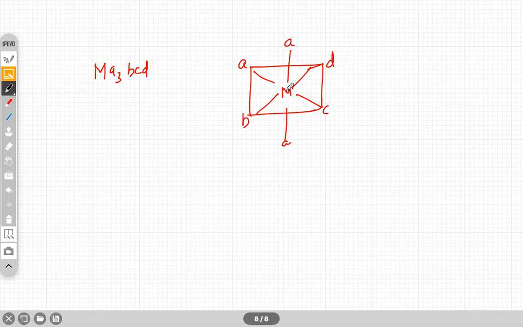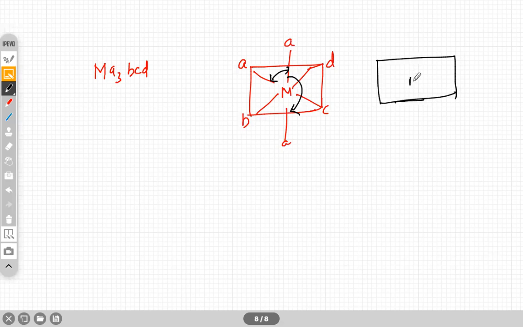Because the 2 A here are present at 180 as well as 90, correct? If you change the position, for example, we have metal here, we can have this A placed here and D on the top, B and C.